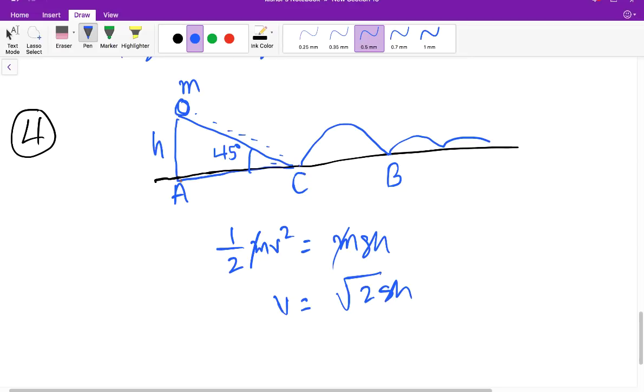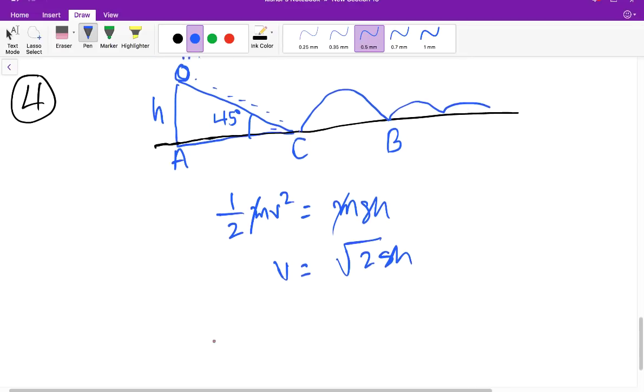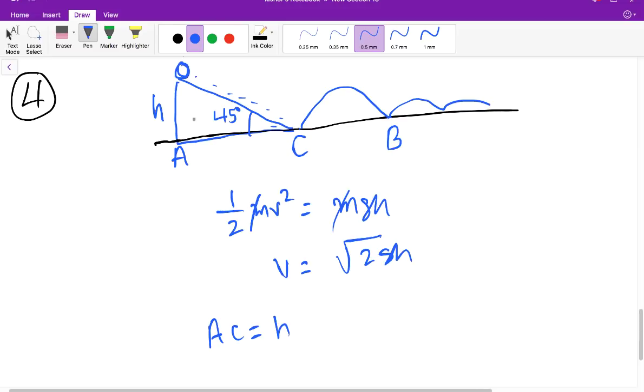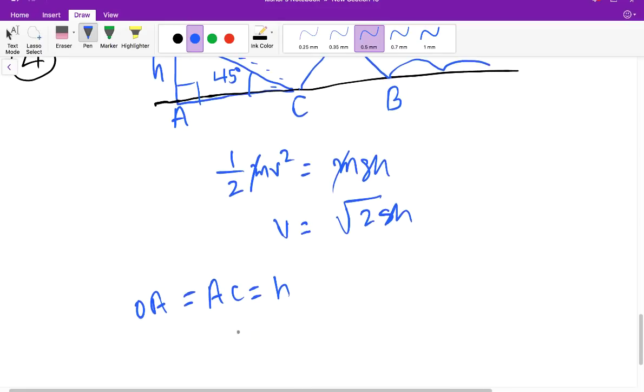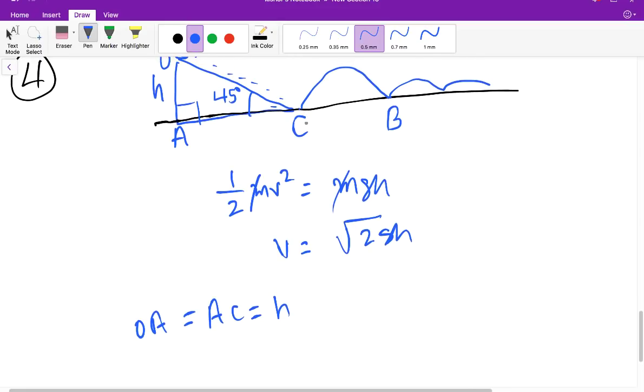Now AC in our case should be equal to h, because this is 45 degrees, this is 90 degrees, so this should also be 45 degrees. So basically this height should be equal to this length. So AC should be h, and call this point some point O. So OA equals AC equals h. To calculate AB, we need AC plus CB, and we already have AC, which is h.